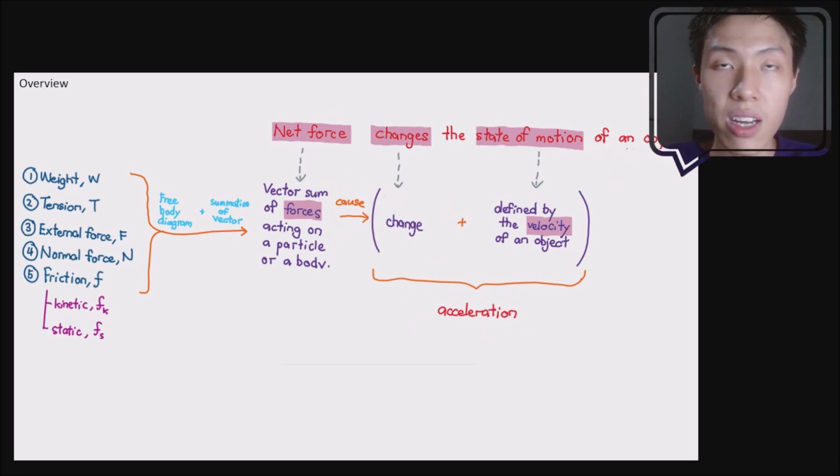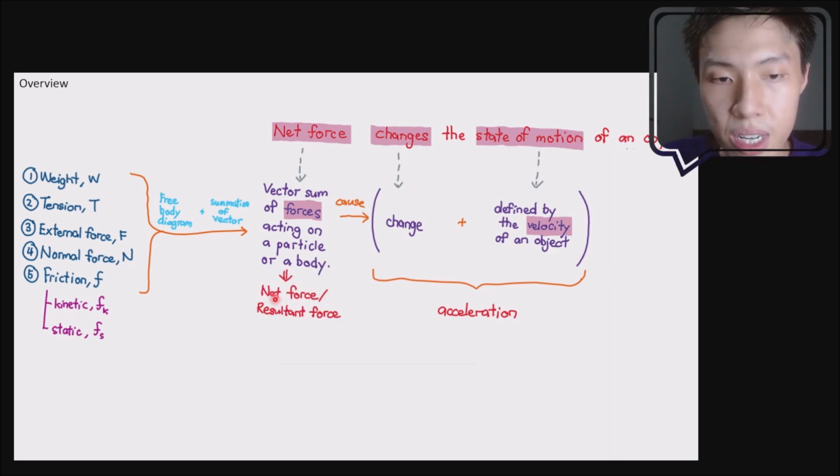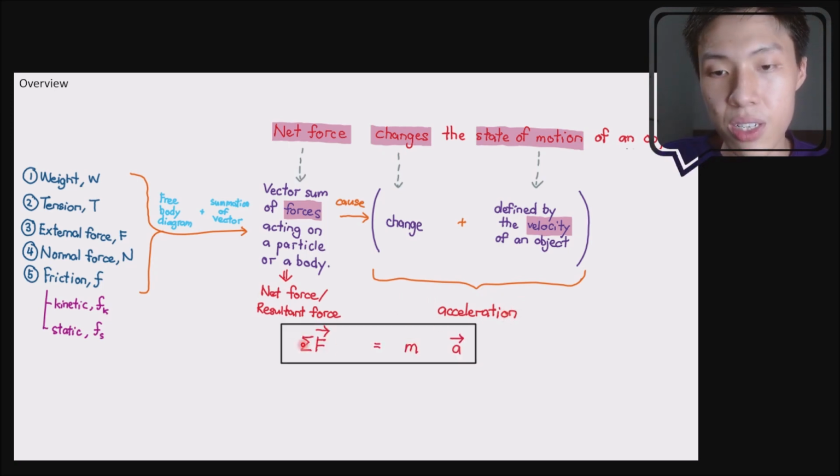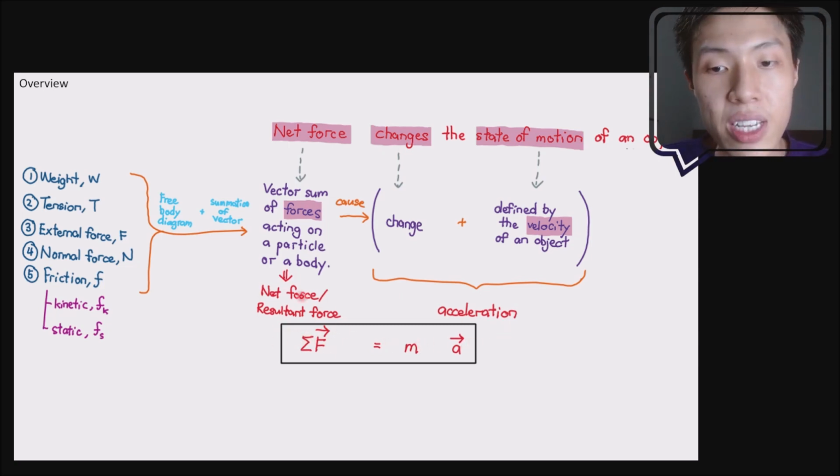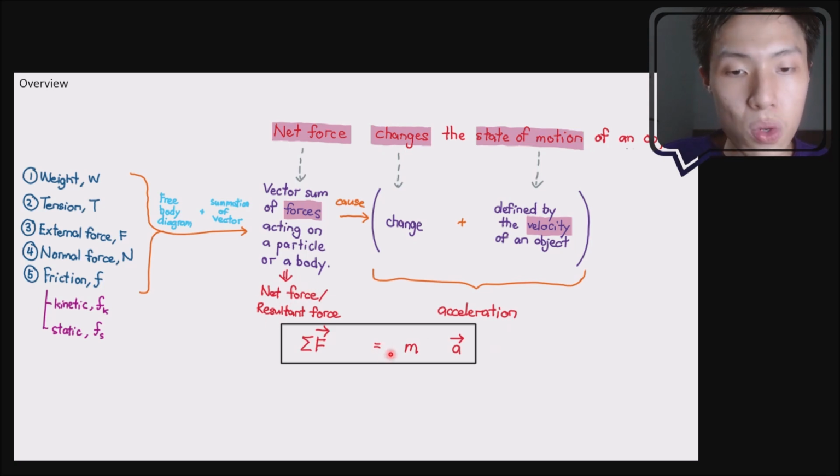And if you remember something from SPM, net force or resultant force is related to acceleration. If we can do a bit of recall, it's related to sum of F equals m times a. So sum of F here is the net force, equals mass times acceleration.